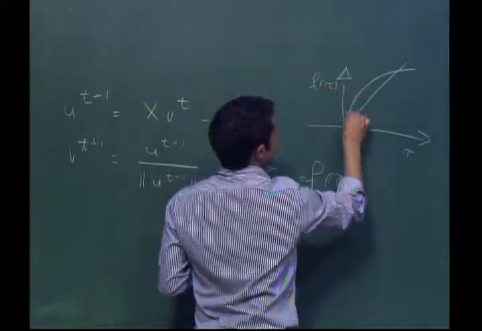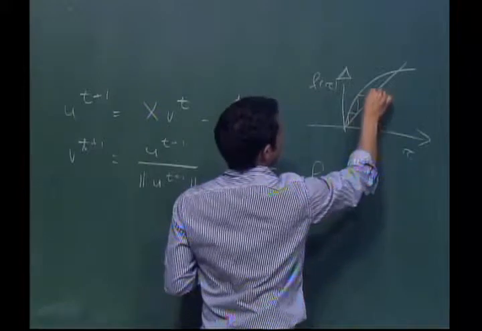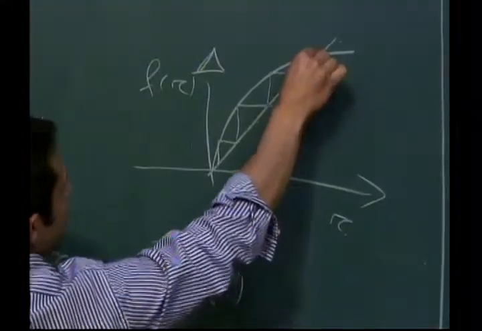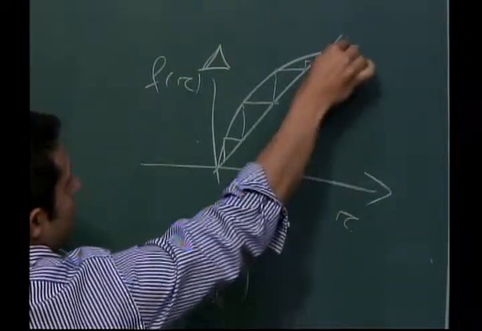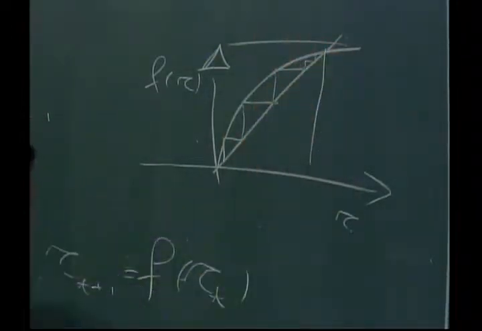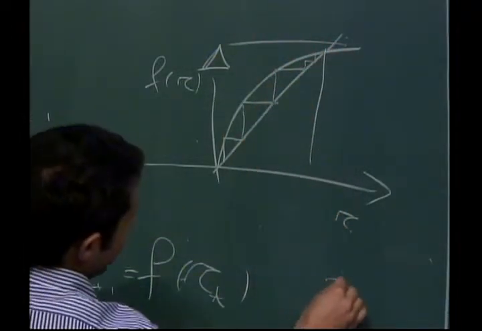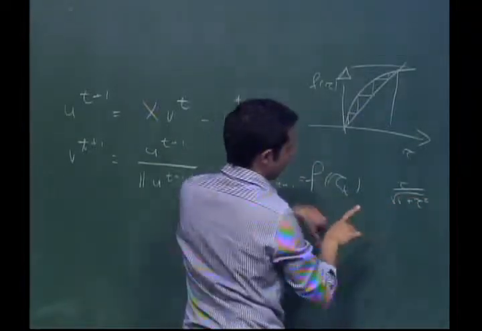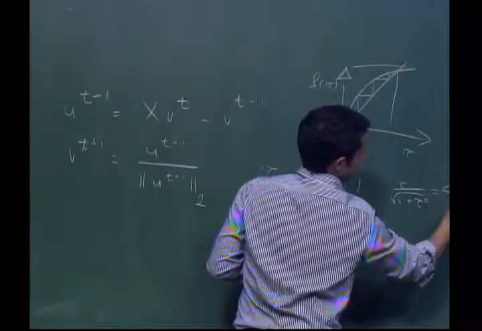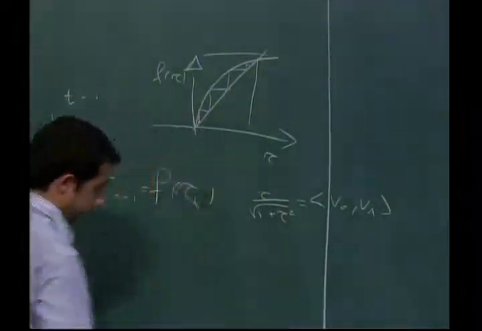This is tau, and over iterations, the inner product with tau is going to increase, and we end up at some point here, which is smaller than 1. Tau can be larger than 1, but tau over square root of 1 plus tau squared, which is the inner product of v0 with v1, is always smaller than 1.